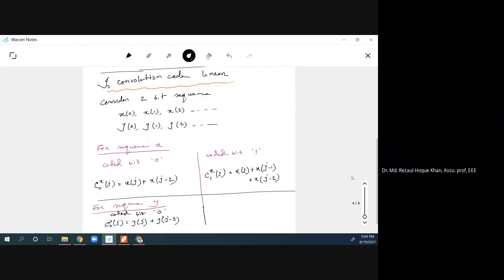And for coded bit 1, c1 of y at j equals yj plus yj minus 1 plus yj minus 2. So we have expressed it for both x and y, for both 0 and 1.